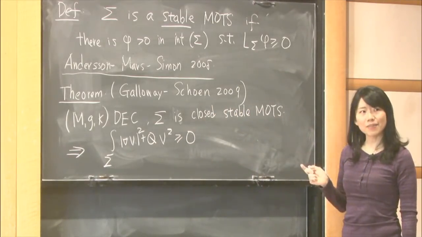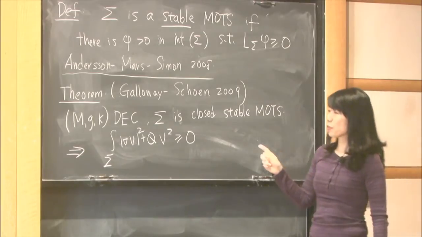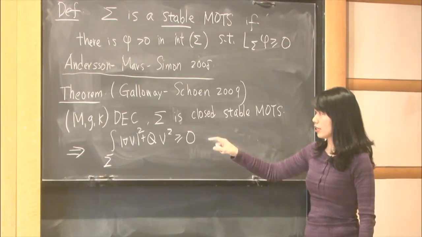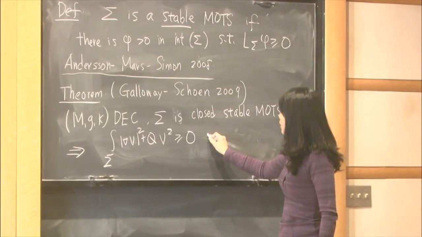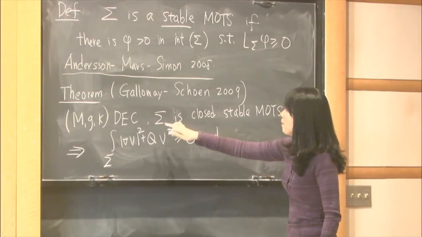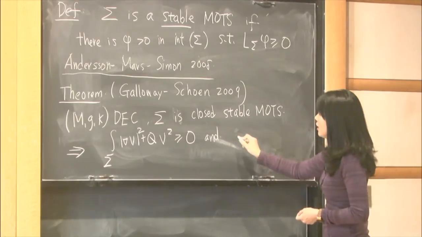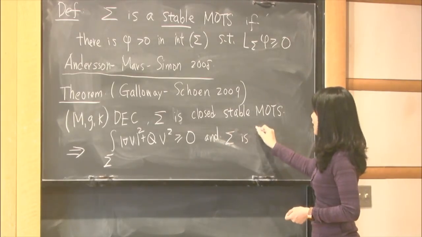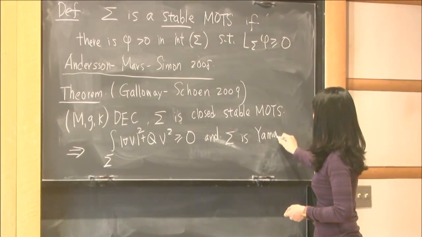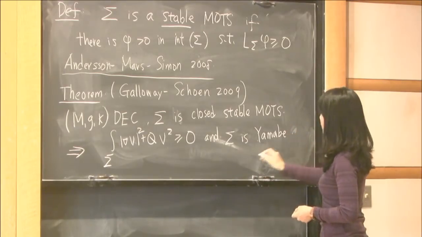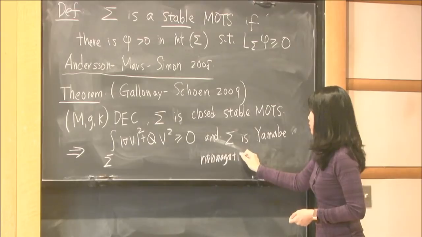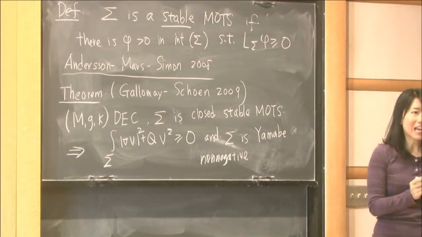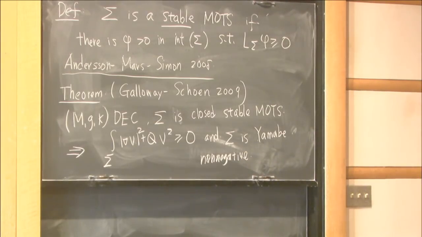So first, this stability-like inequality holds. This will be very similar to the stability for minimal surfaces. And from there, you can conclude by the dominant energy condition, sigma is Yamabe non-negative, which just means it has non-negative scalar curvature after a conformal change.